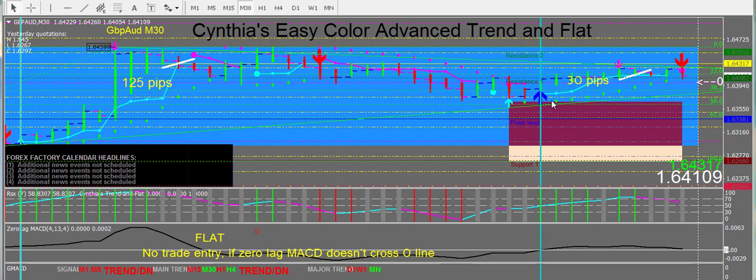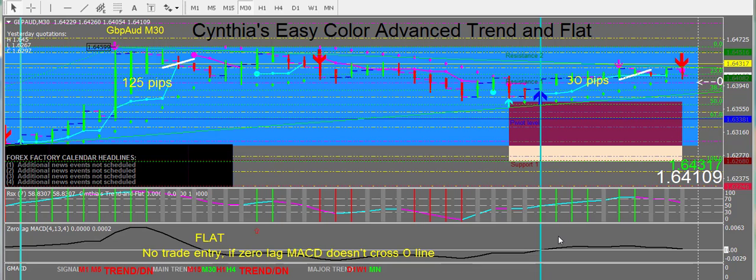Basically, right about here is where the price pulled back to 38.2, which is just an average, medium-deep pullback. A very shallow pullback would be 23.6. A deeper pullback would be 50.0, and a really deep pullback is 61.8.